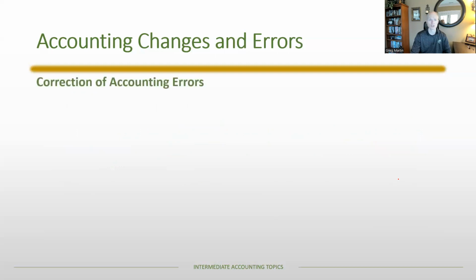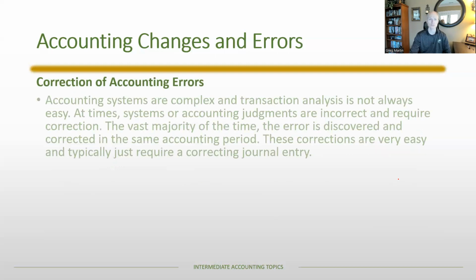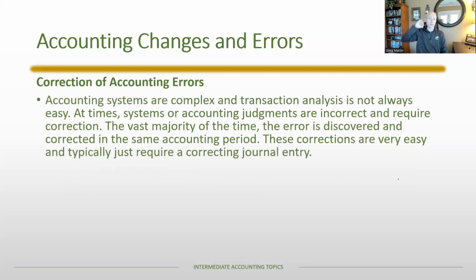Another type of change is called correction of accounting errors. As you probably already know, accounting systems are complex, and transactions are not always easy to analyze. There are times where either the system or accounting judgments end up being incorrect, and there needs to be some correction.